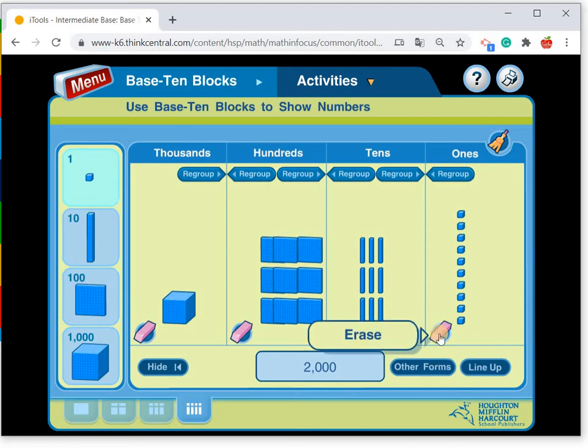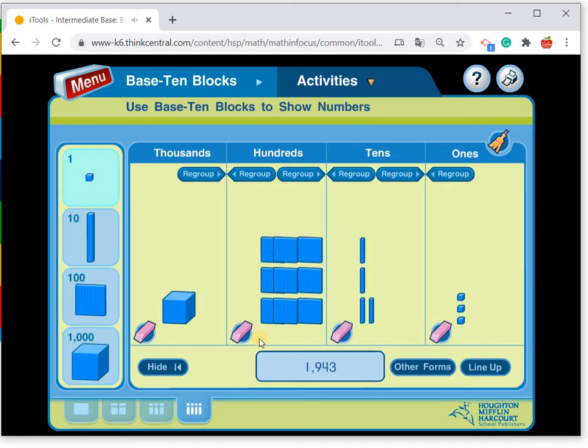In this case, I'm just going to click the erase button. I know that I want to subtract 257. So that's 7 ones I need to subtract. 1, 2, 3, 4, 5, 6, 7. And I need to subtract 5 tens. 1 ten, 2 tens, 3 tens, 4 tens, 5 tens.